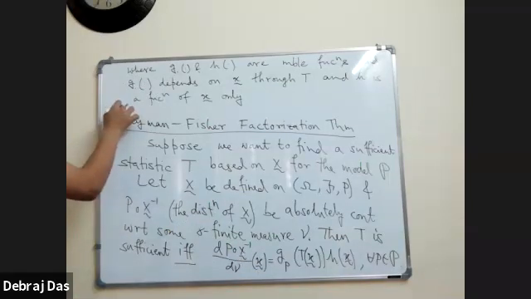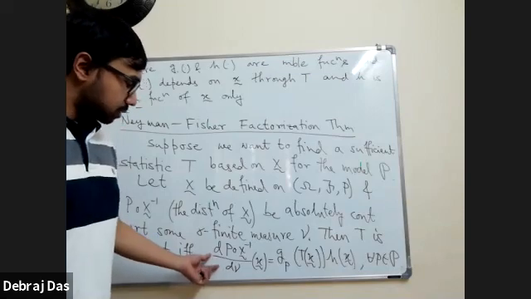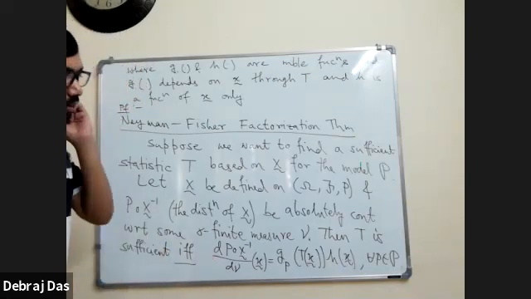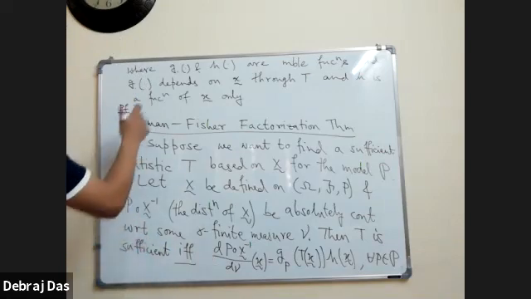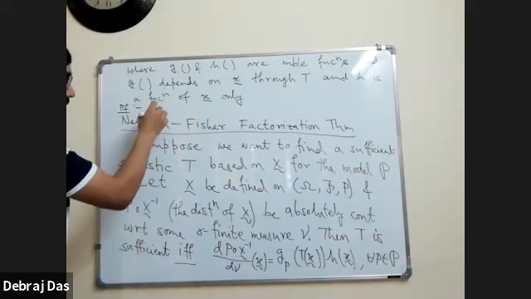For the general proof, if you want to prove this most general version, it actually requires many tools from measure theory. So I will not go into that because that will be difficult to handle.